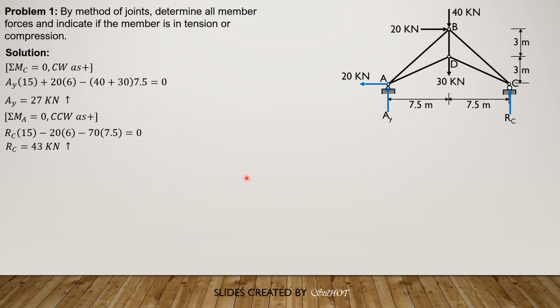Let's consider joint A, but before that, let's solve for the angle that AD makes with the horizontal as well as AB. Tangent of theta AD is equal to 3 over 7.5. So theta AD, which is equal to theta CD, is equal to 21.8 degrees.